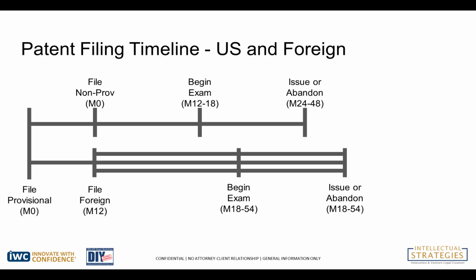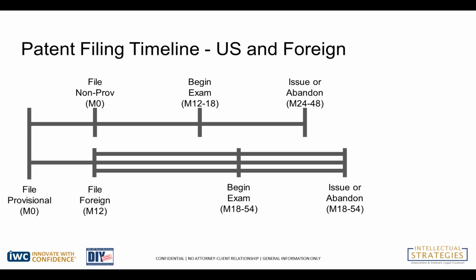The individual countries you file into need to be members of the Paris Convention. Otherwise, you would need to file directly into those countries. However, there are very few countries that don't participate in the Paris Convention or the Patent Cooperation Treaty. After filing in a foreign country, the examination and other processes are the same as what we've described before.